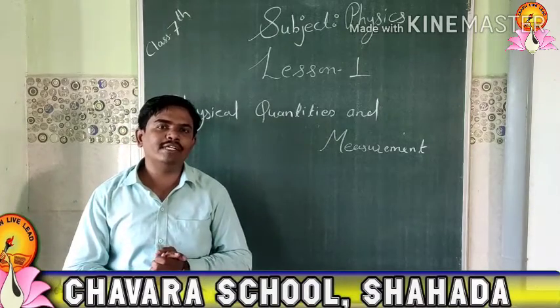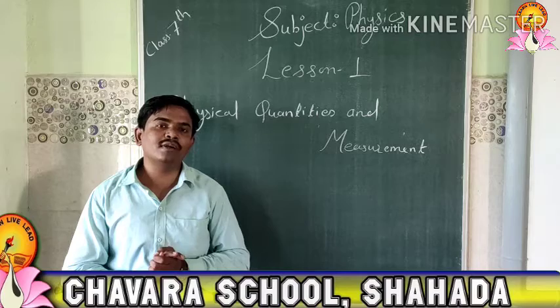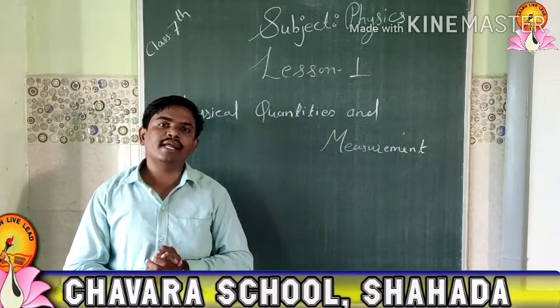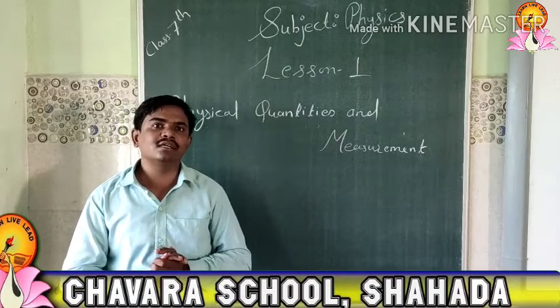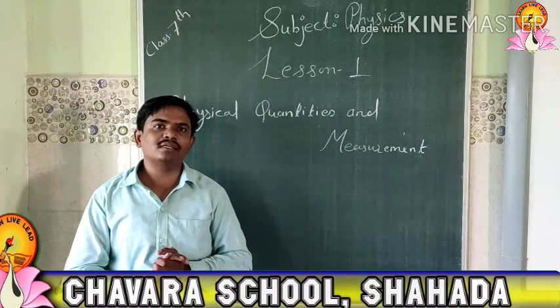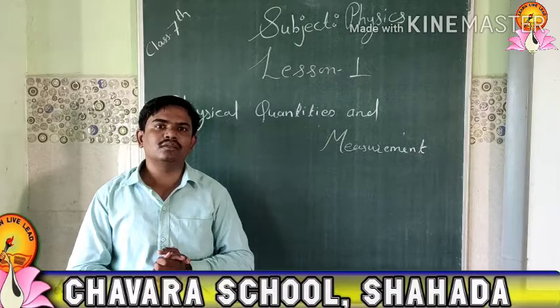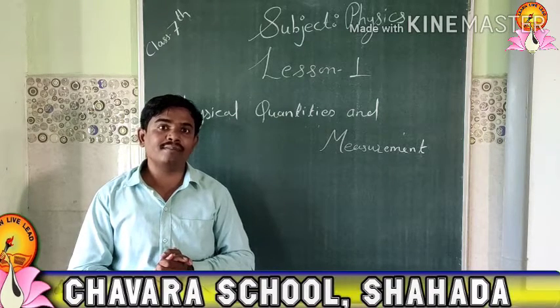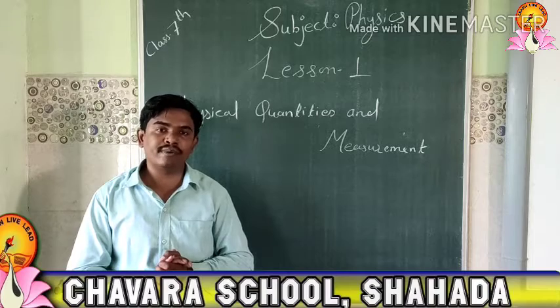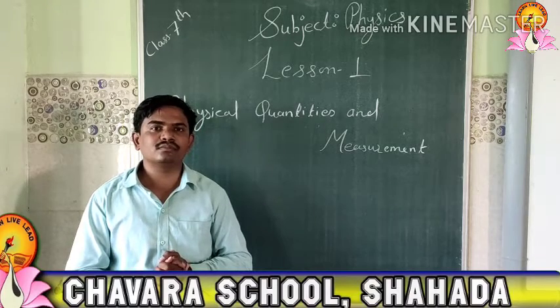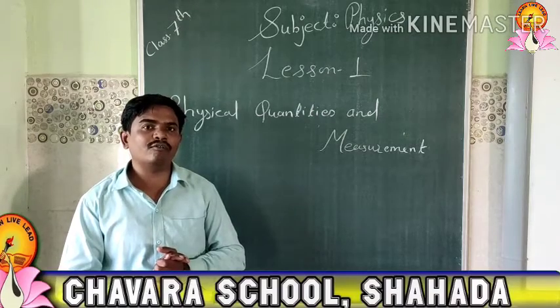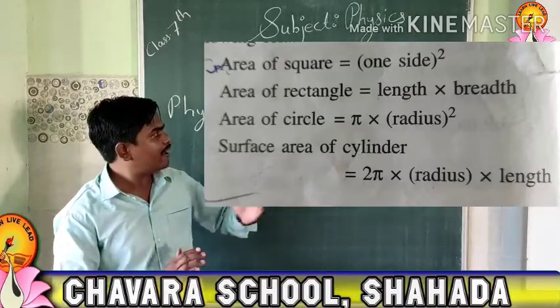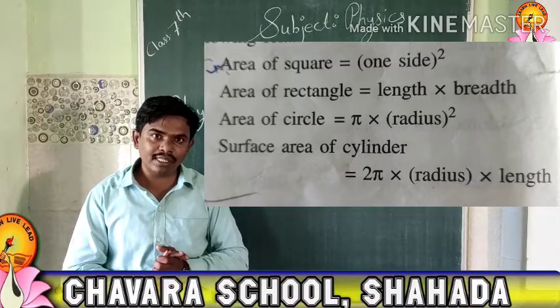Now students, I will teach you to calculate the area of regular objects. Regular objects are rectangle, square, circle, and the surface area of sphere. You can see how to calculate the area of regular objects. The area of rectangle is length into breadth.